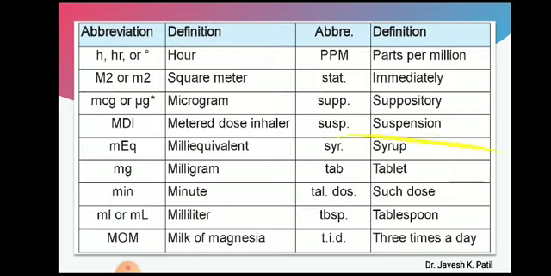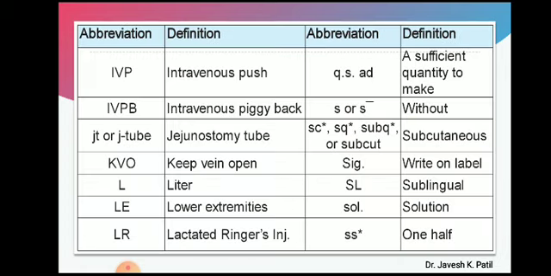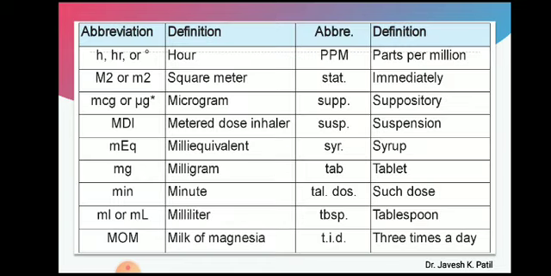SL for sublingual. Solution, this we are using SOL. Then SS, one half. Then another popularly used, HR, or a circle, that is sort of a degree symbol, and is hour.